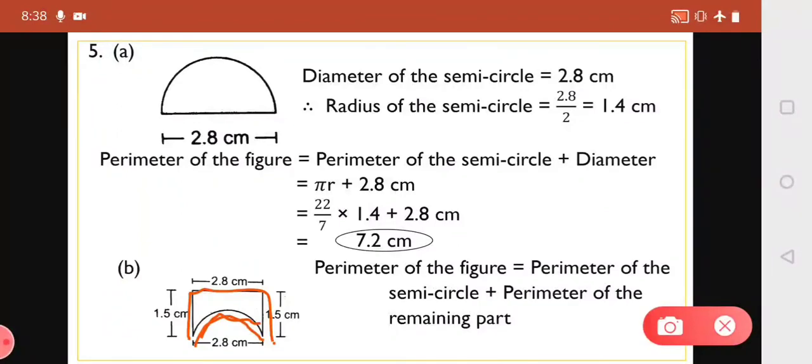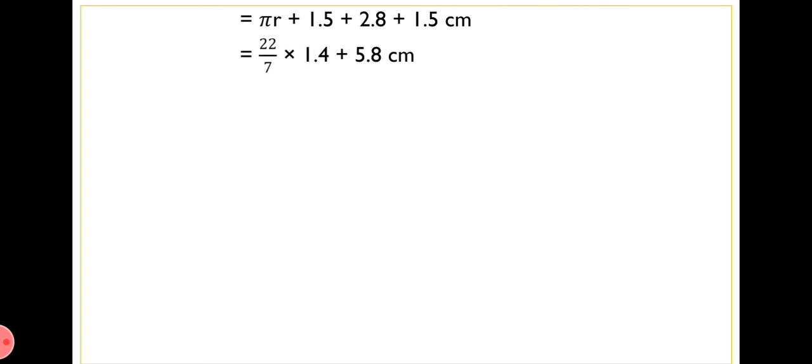That is equal to pi r, because the perimeter of a semicircle is nothing but pi r, plus 1.5 plus 2.8 plus 1.5 centimeter, that is equal to 22 upon 7 into 1.4 plus 5.8.